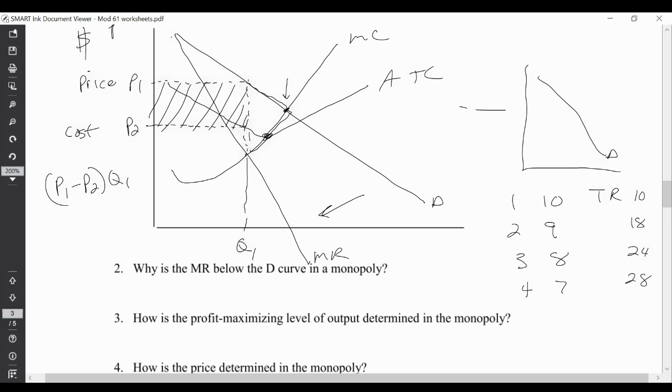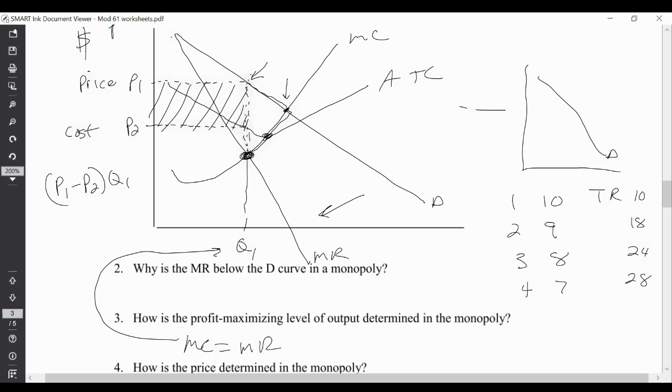Number three says, how is the profit maximizing level of output determined in a monopoly? Once again, where MC equals MR. So MC equals MR is at Q1 right here. But remember, we are a price maker in a monopoly, so we're going to pick this price right here at P1.